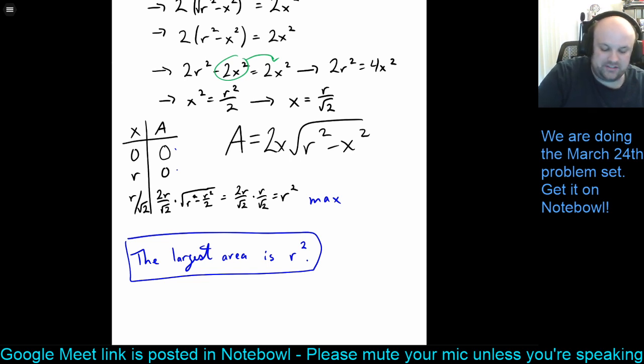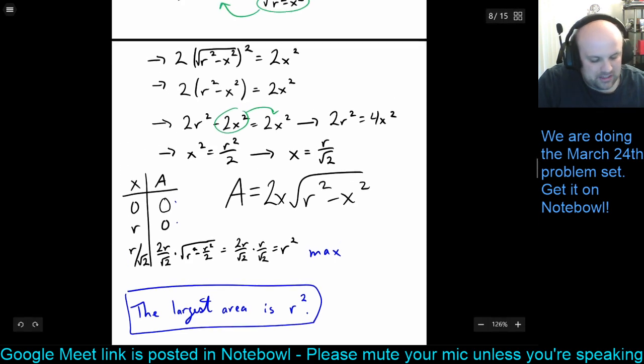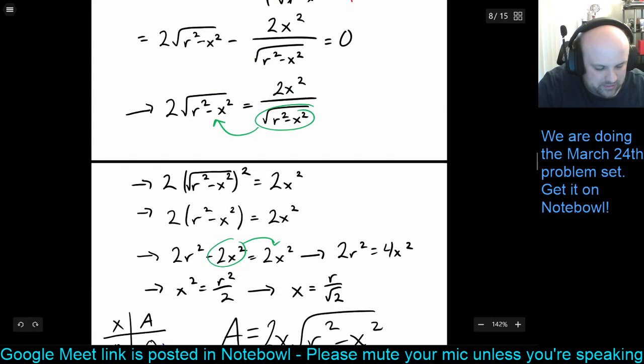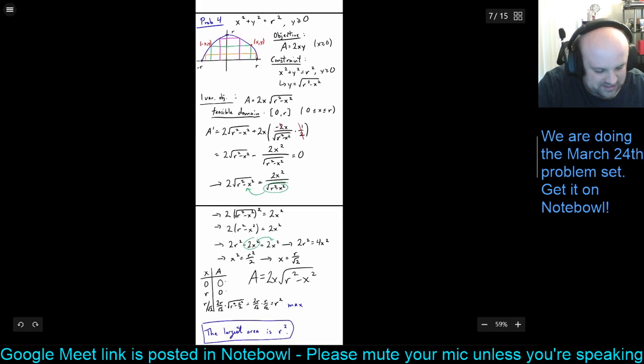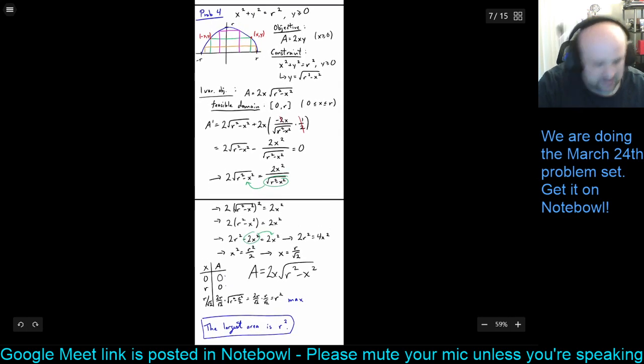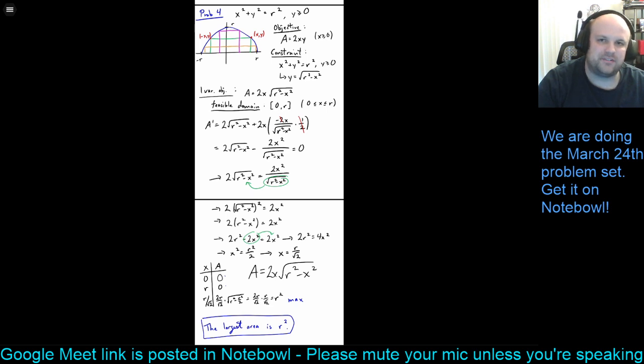Hopefully this gives you a little bit of an idea of how we can use this optimization process to get some interesting answers to problems. Maybe this particular problem isn't the most useful or the most interesting, but the problem-solving nature of it, I think, is. Like, how do I set up my optimization problem?